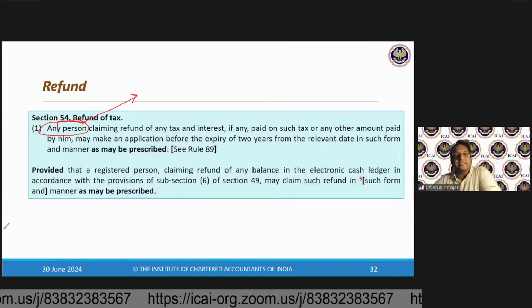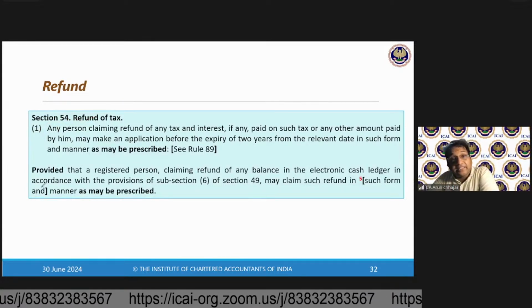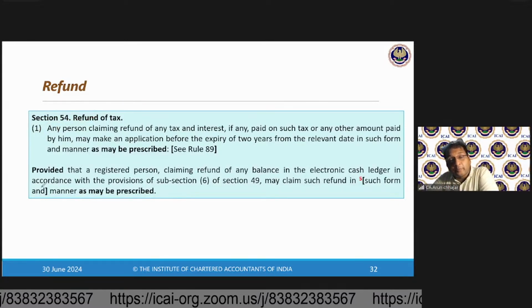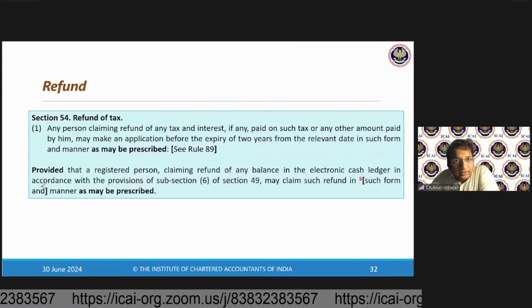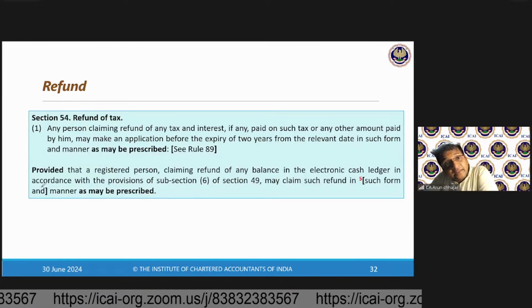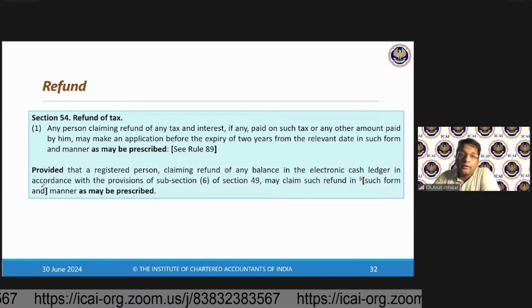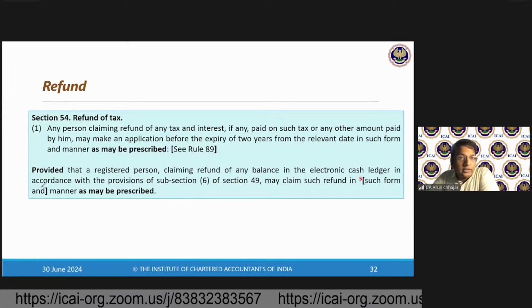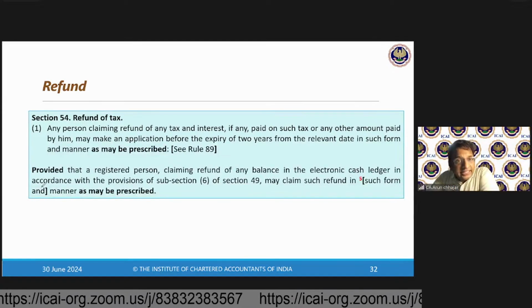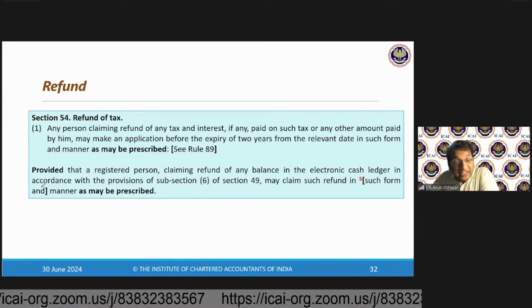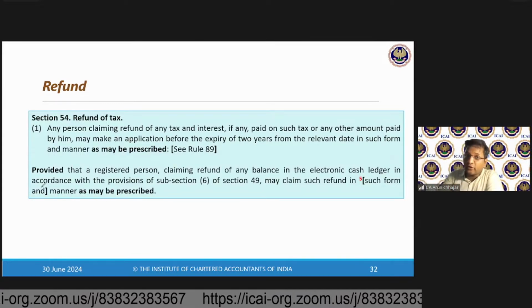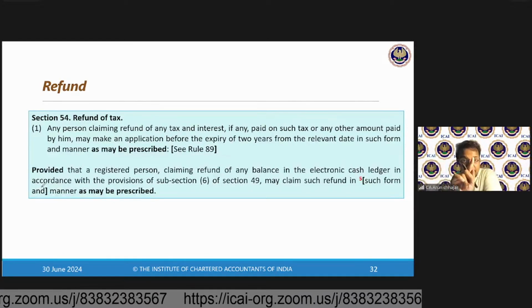So immediately you might ask how an unregistered person can apply for the refund on the GST portal, right? Because now everything is online. Please make a note that in the GST portal, there are three facilities available to an unregistered person. One is registration.